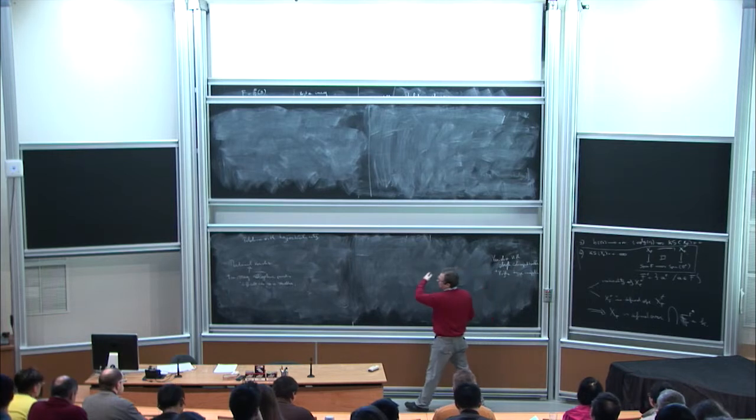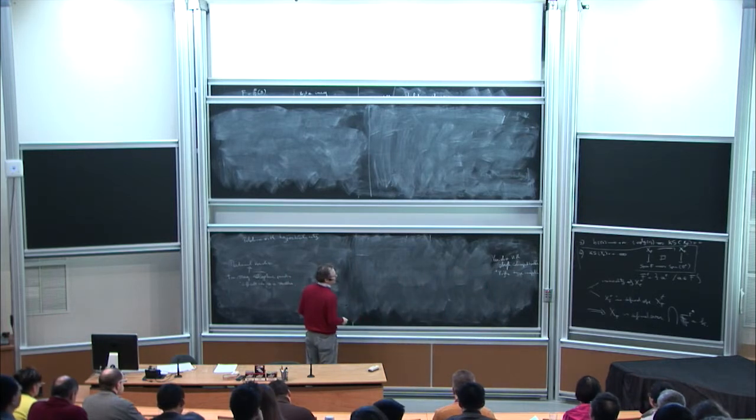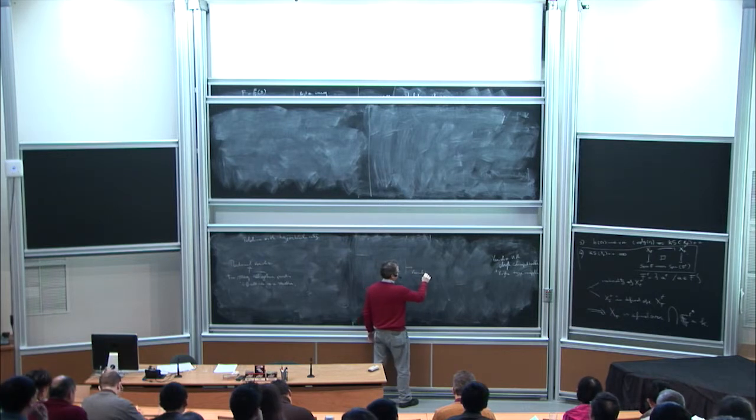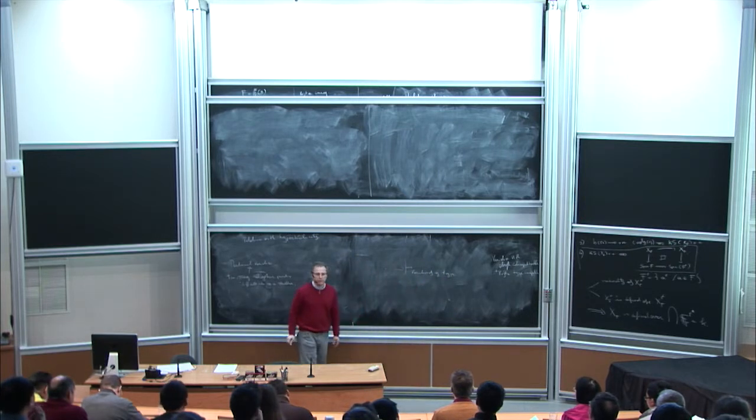And then you have all the varieties which are in the middle, and somewhere here you have, from here on, varieties of general type, and then from here on, varieties which are even not of general type.